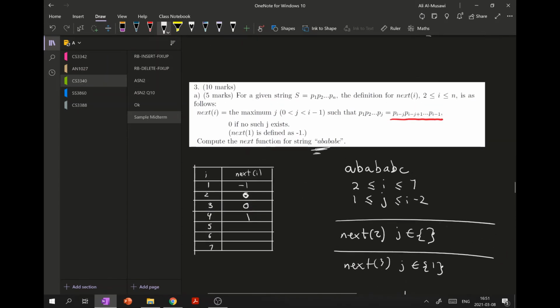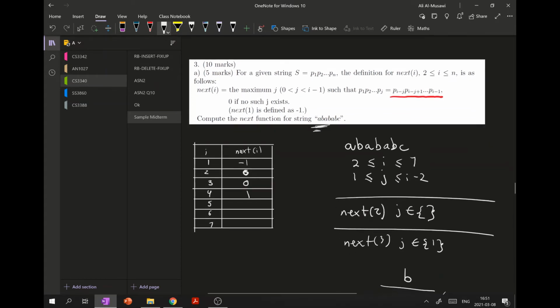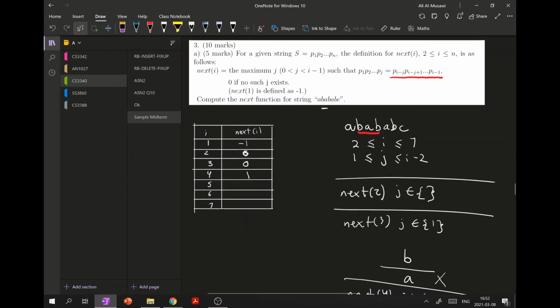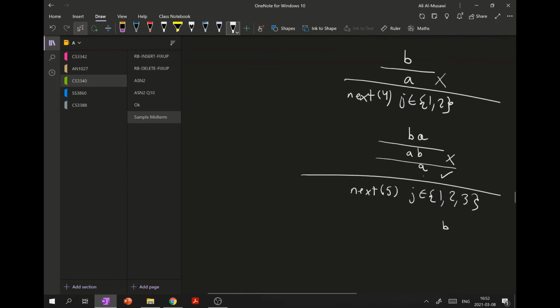Okay, what does it start with? It starts with Pi, which is P5, minus the max j. The max j is 3. So 5 minus 3 is 2, which is P2. So we start with B. So you can see it's from B, so this is P2, up to P4, which is again B. That's BAB.